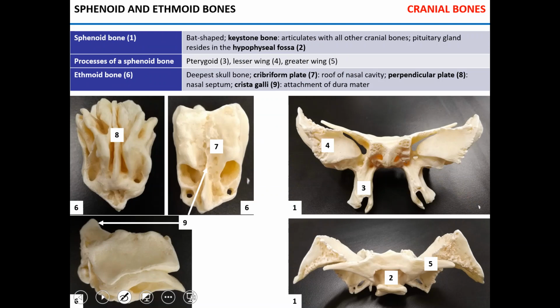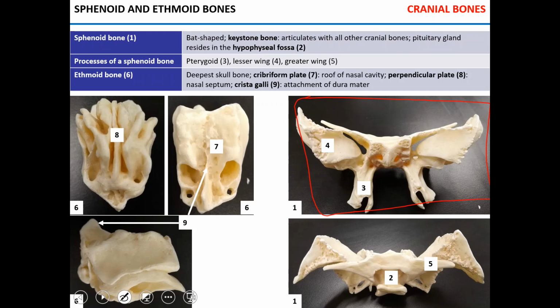Two beautiful irregular bones that are located deep inside of our skull are sphenoid bone and ethmoid bone. You can see sphenoid bone here on the right, the so-called keystone bone. It means that it articulates with all other cranial, not facial, bones.